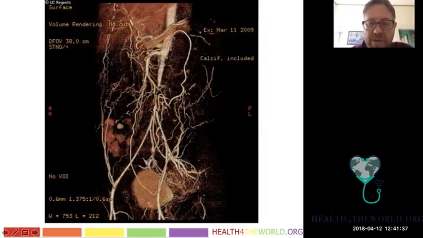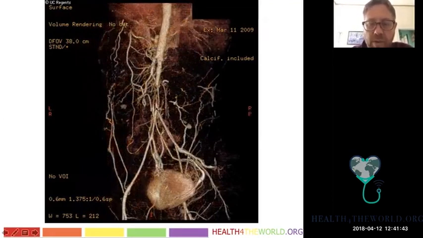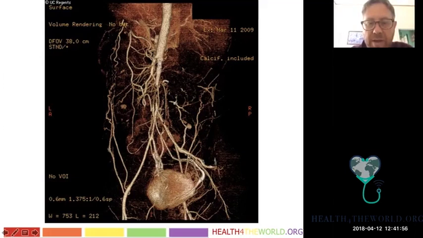And then you start to see the iliac arteries here. We're not entirely sure, but here is a better view. So the aorta stops abruptly, and then there's patency down here at the bottom of it, and this is the left common iliac artery, and this is the right common iliac artery, and it goes through its normal branching pattern.